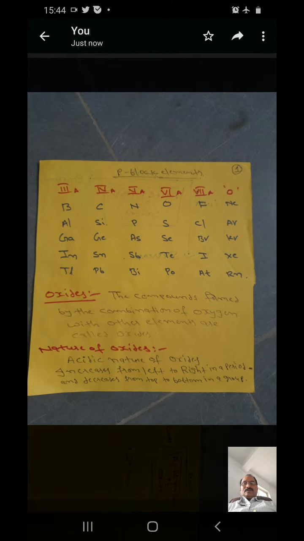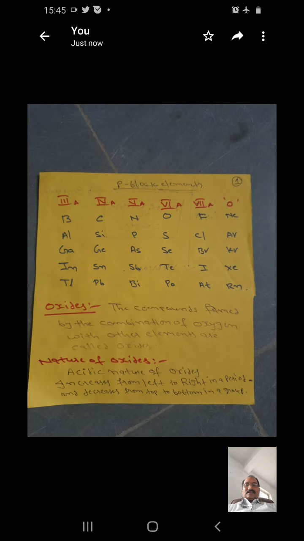See here, nature of oxides. The oxide obtained is either acidic in nature, basic, or neutral. Here, acidic nature of oxides. What are acidic oxides? Whenever oxides are dissolved in water, acids are formed.